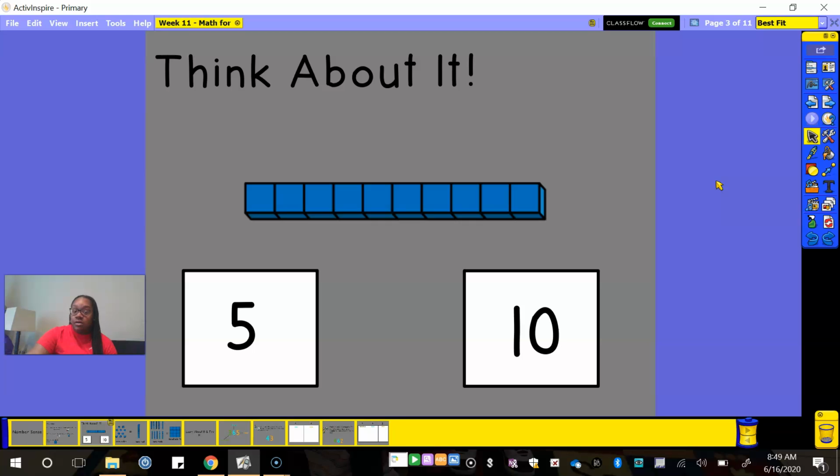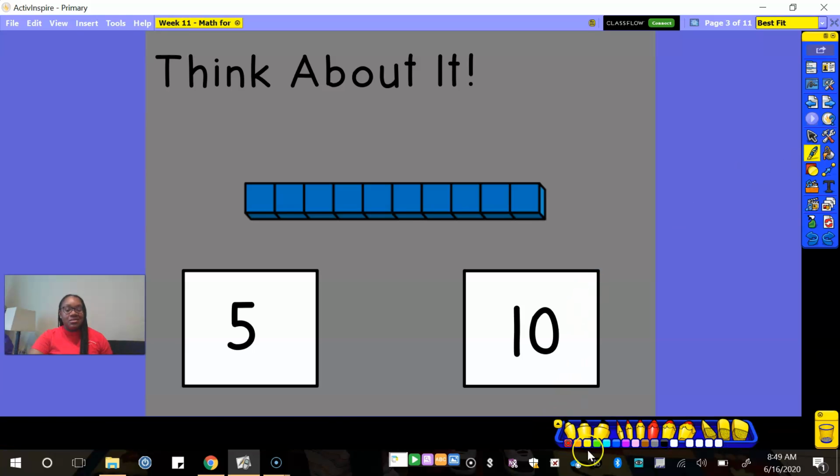We're going to touch and count, okay? 1, 2, 3, 4, 5, 6, 7, 8, 9, 10. So how many cubes are in my base 10 rod? We just counted 10. So I'm going to circle 10. Good job, guys. Awesome.